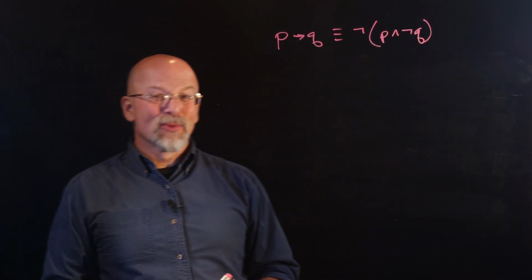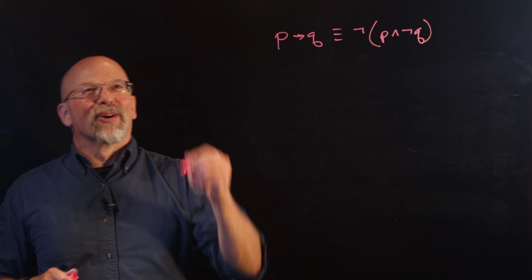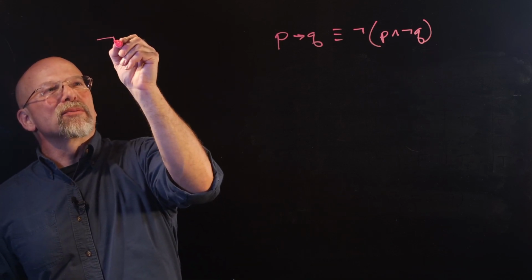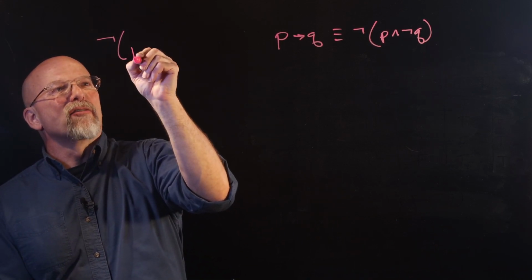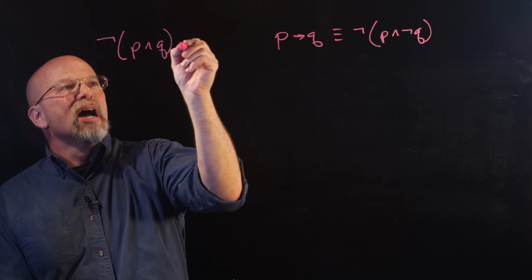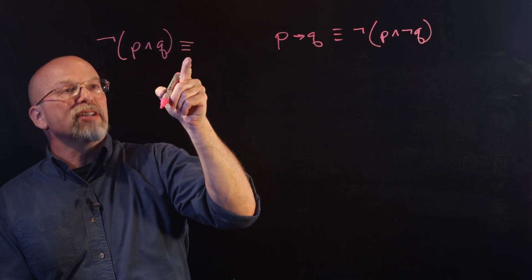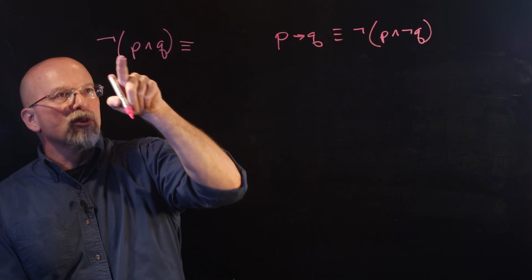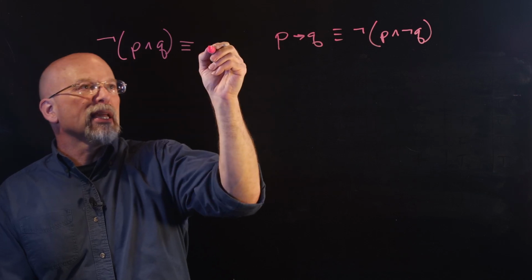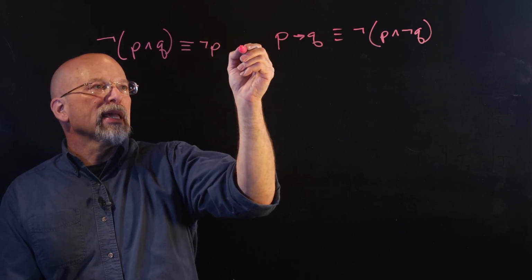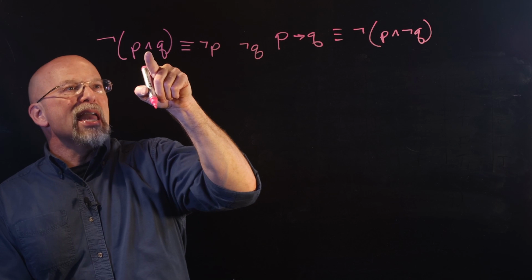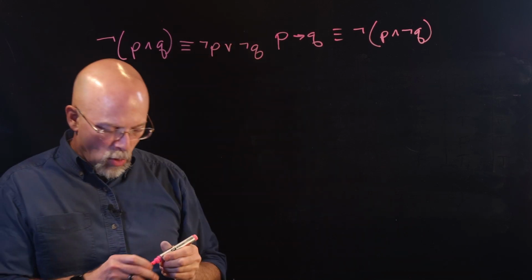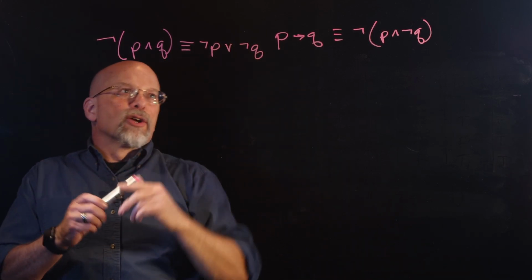But in the last lesson, we talked about De Morgan's theorem. And if you remember, De Morgan's theorem said the not of P and Q is logically equivalent to, if I distribute that negation to P and Q, so I have not P and not Q, and change the operation to an or, then these two are equivalent.